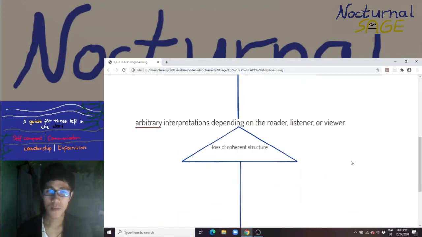How is the impressionistic approach possible? Only if the work that you're dealing with is arbitrary, in the sense that readers, viewers, or listeners won't have the same interpretation. And if the interpretation is arbitrary, meaning to say that one can say that this interpretation is like this while another is like this, they may or may not necessarily cancel out each other.